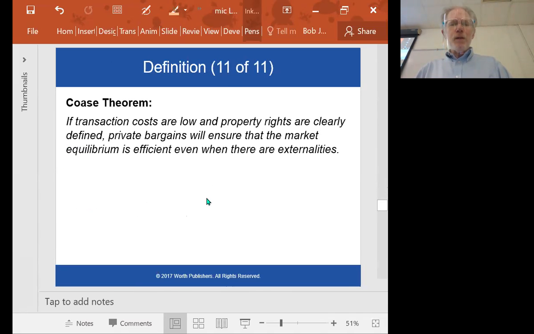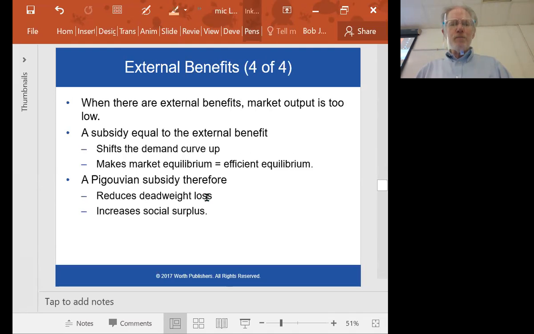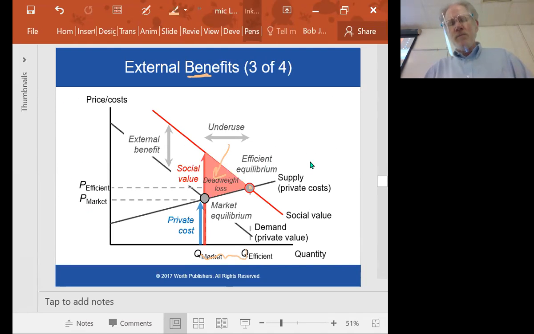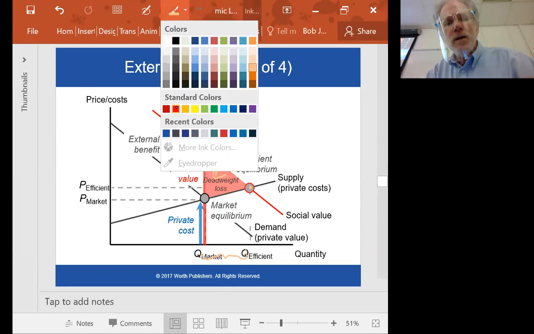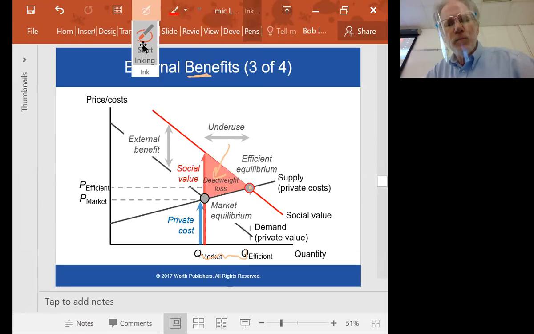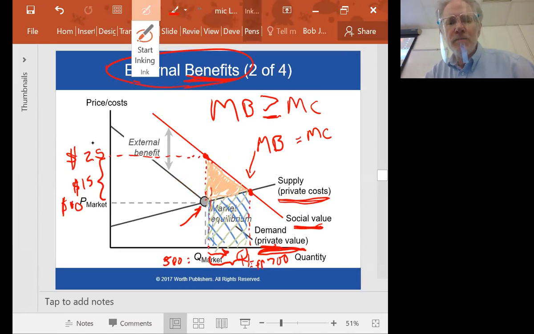Well, we don't have a graph for that. Let's go back to here. The social value curve. We're assuming here that the external benefit, what did I say before? 15.